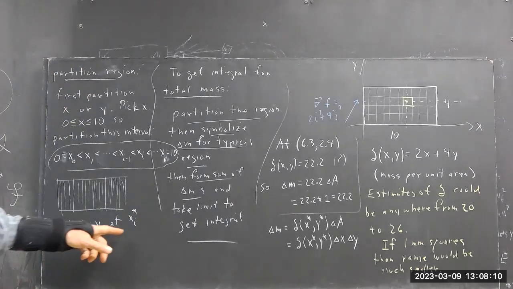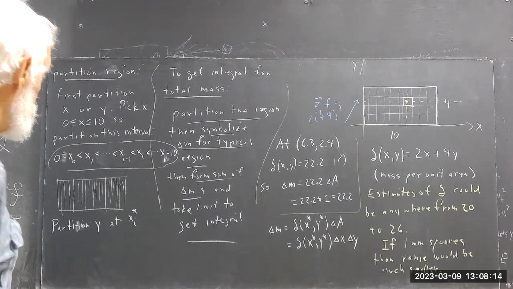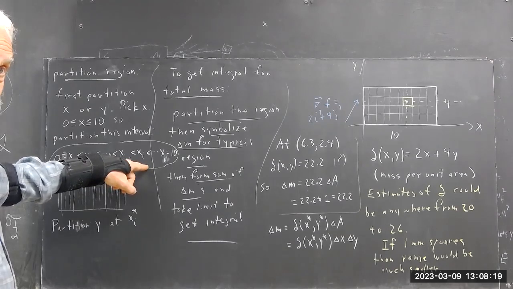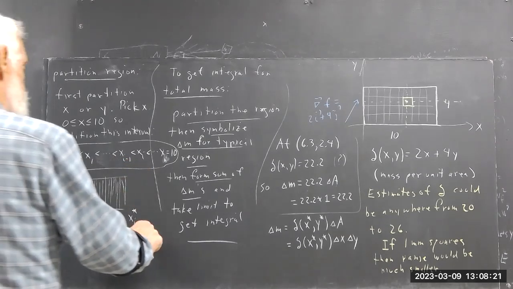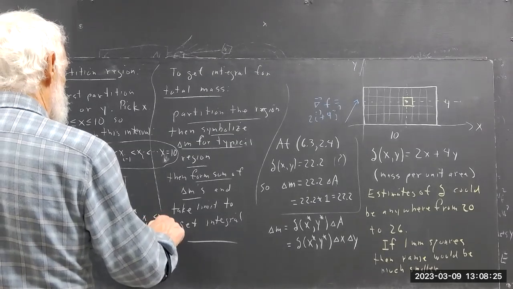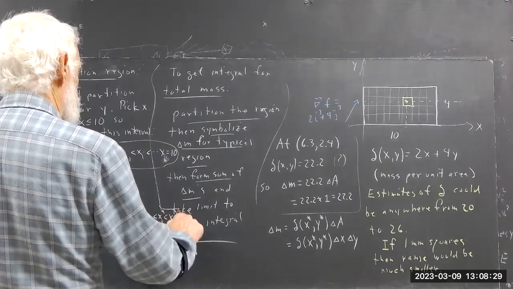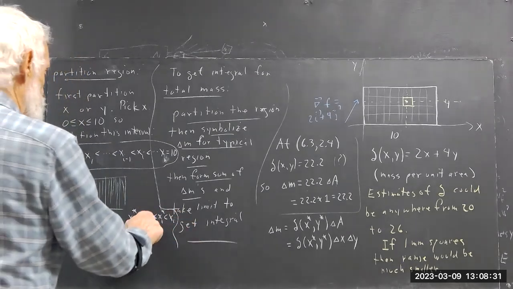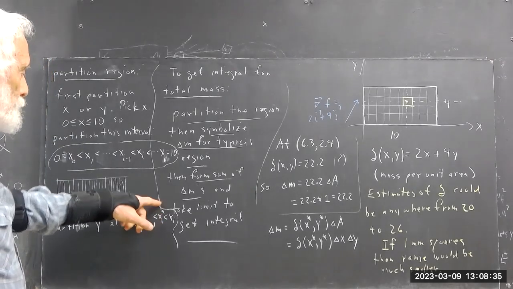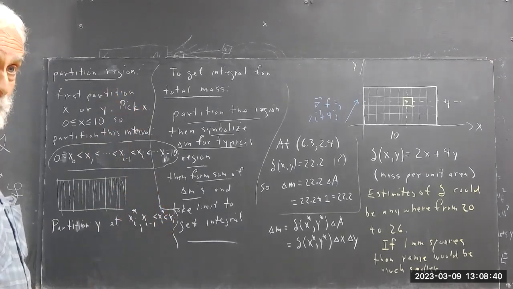the partition Y at Xi star. Okay, Xi star is in the interval. I'm just saying, Xi star is between Xi minus 1 and Xi. It's in the i-th interval.